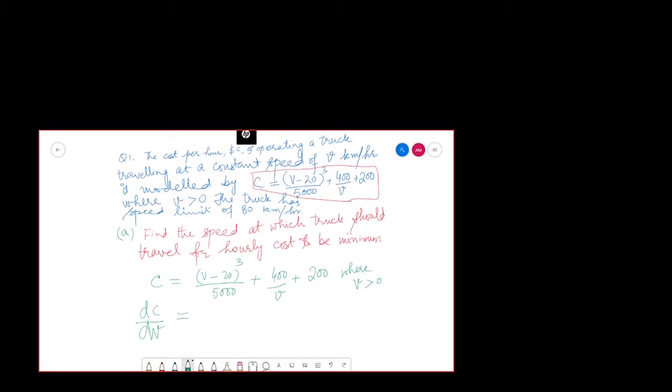So this is the question which we have. We have to find the speed at which the truck should travel for the hourly cost to be minimum. We would differentiate.